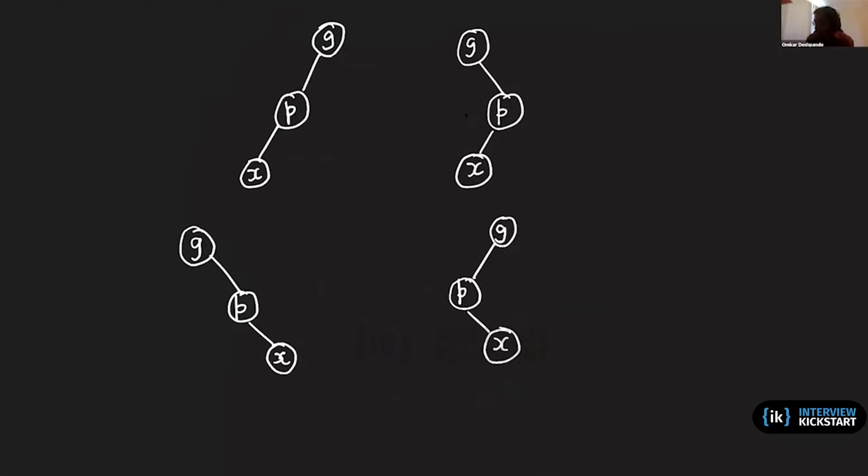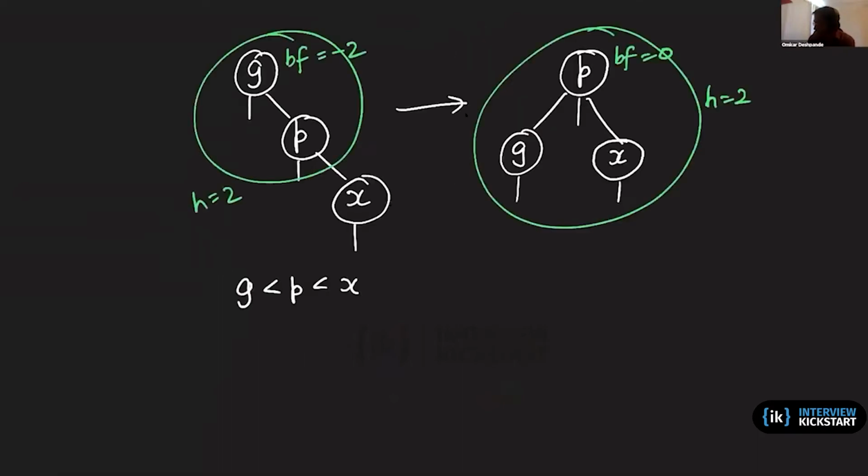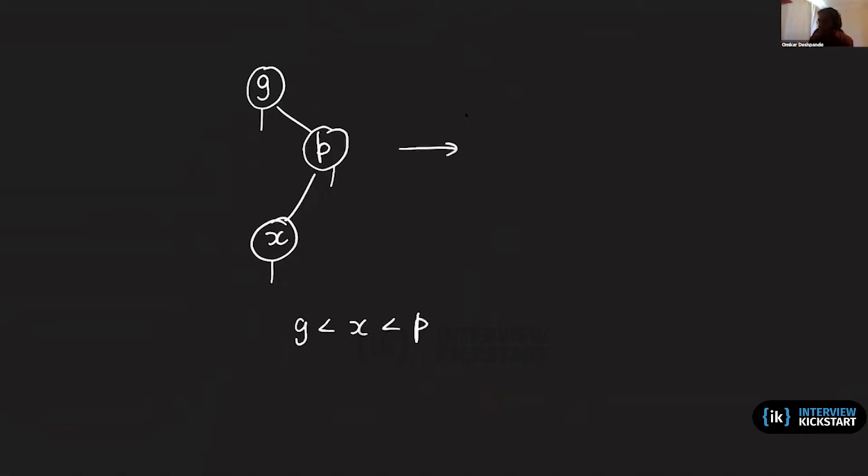So here we have g, p and x in both cases. Well, let's look at this one first. G, p and x. So we have g like this, p like that, and x like this. The Inorder Traversal is g followed by x followed by p. So that means after rebalancing, what we ideally want is x to be in the middle, g to be on the left, and p to be on the right.